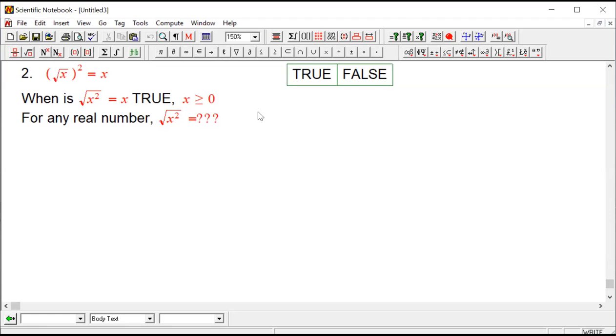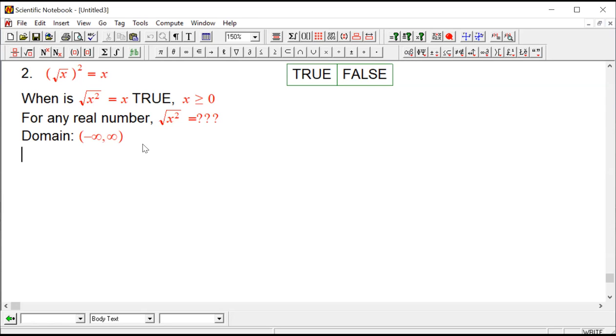Here's the discussion. We just talked about the domain for the square root of X squared. The domain is all real numbers, from negative infinity to positive infinity. Among these numbers, there are a class of positive numbers, negative numbers, and 0.